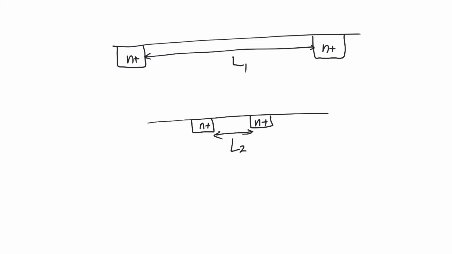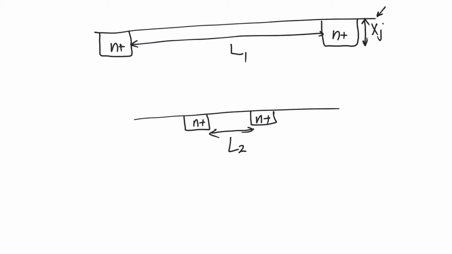And the major difference happens to be that one of the dimensions that were negligible in the long channel model is no longer negligible in the short channel model. And that dimension is specifically the depth of the drain and of course the depth of the source, because the device is symmetric.